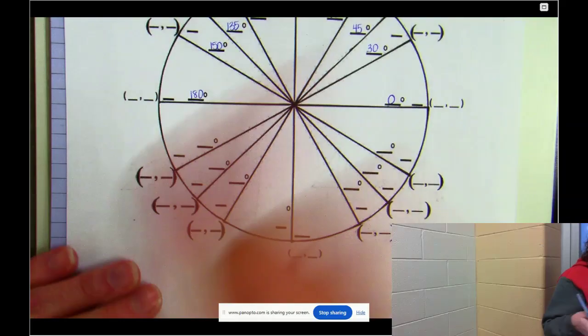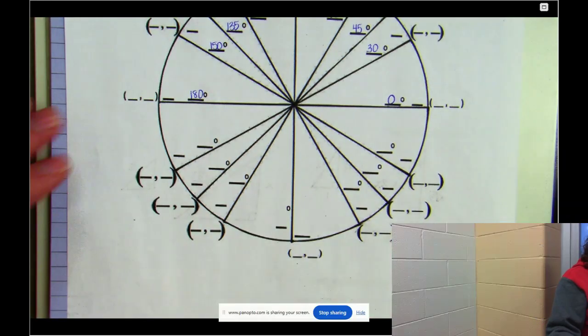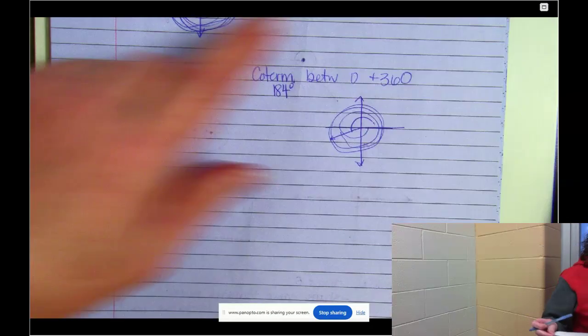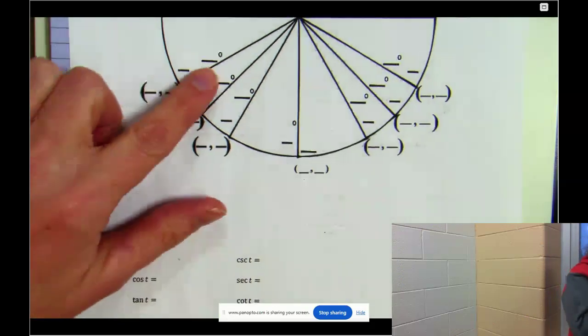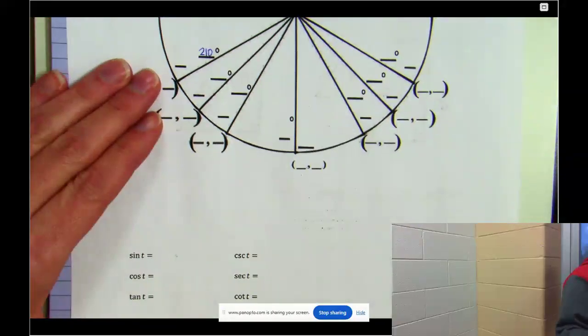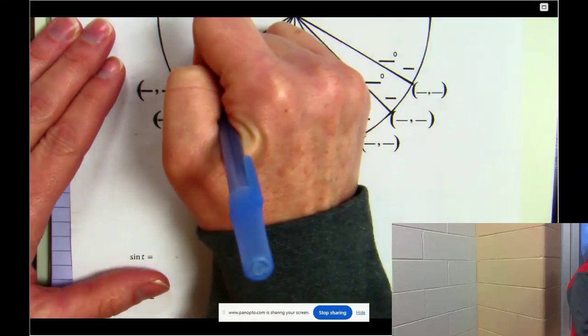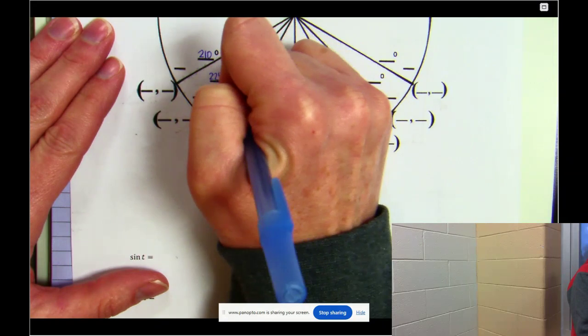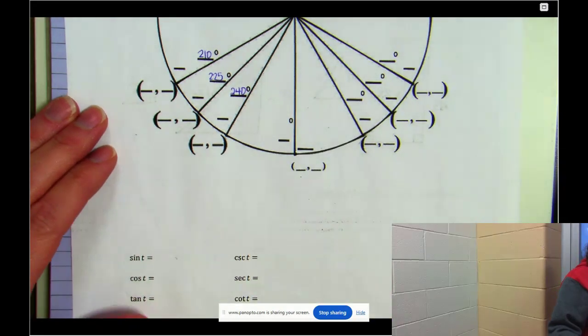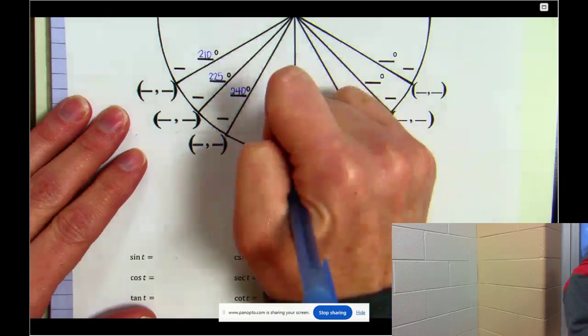On our circle, we only put the positive ones, because primarily we want to be in the positives. That's why we were asking for coterminals between 0 and 360. This one's 210. This is 225 and 240. What's the bottom? Yep.